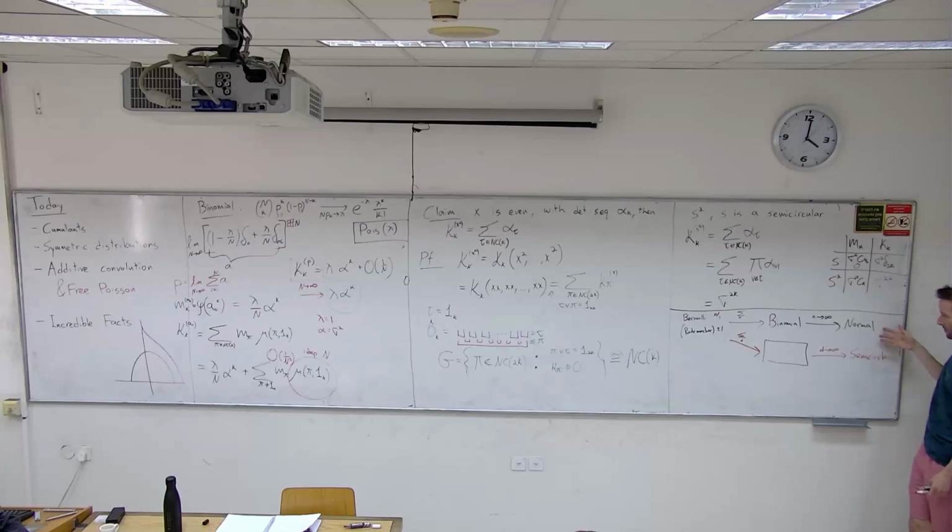If I say here that the semicircle squared is a free Poisson, I would expect that the normal element squared be the standard Poisson, a special case of the standard Poisson. But this is definitely not the case.